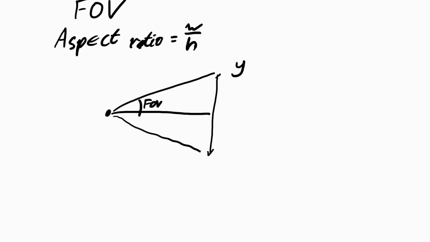So bear in mind that the screen still goes below, but we only consider part of this field of view. And we're also going to measure the height in a slightly funny way. So this is 0, this is height, and this is negative height. So the actual height of the screen is 2 times h, which seems odd, but doing it this way will make the equations neater in the end, I promise.